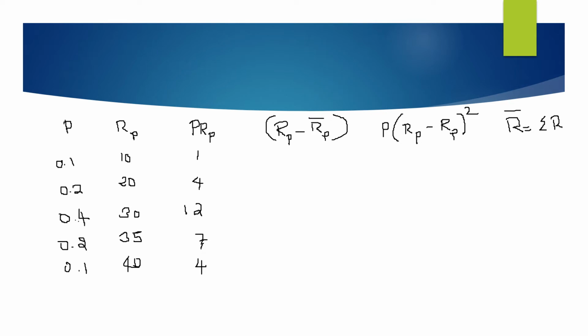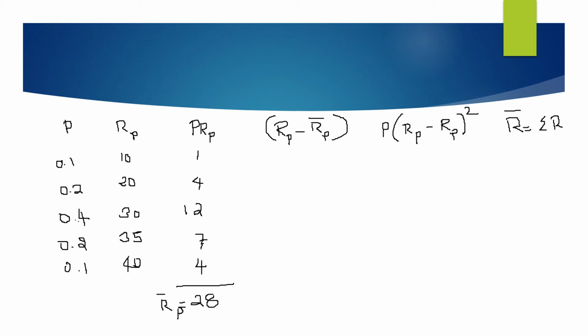So for that purpose, you have to find the summation of R for stock P. So RP minus R bar P. Here we summate the probabilities times returns, and the summation, R bar P, is equal to 28.